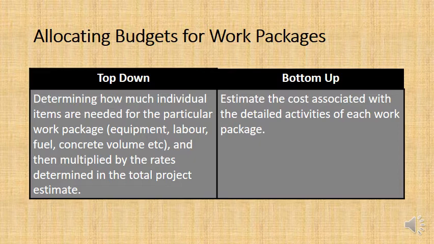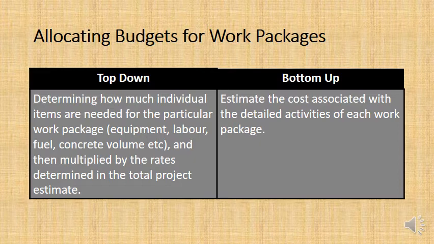This is where you are basically determining what individual items are needed to carry out a particular work package. So this could be volume of concrete, fuel, labor, the tools you're using. And then you find those quantities and you multiply them by rates that you have determined for the entire project.